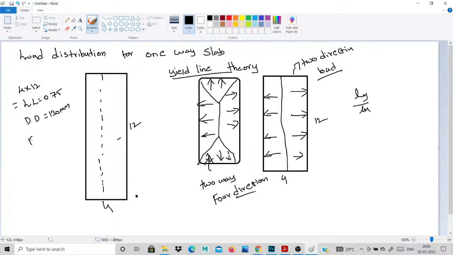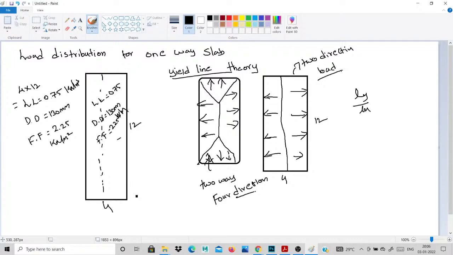The floor finish is 2.25 kilonewton per meter square. These loads act on this one-way slab.